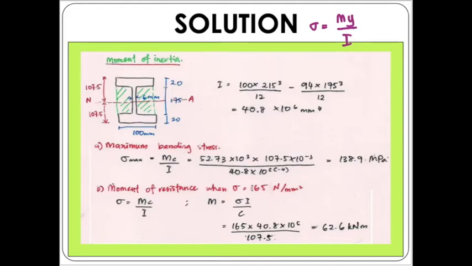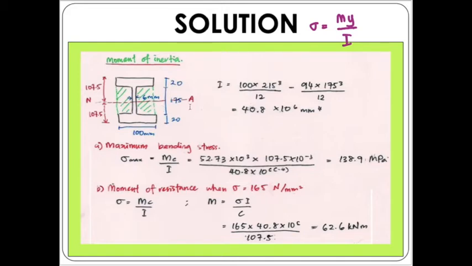Since this section is symmetrical on top and bottom as well as left and right, the value of the moment of inertia can be calculated using this equation. We are going to calculate the total moment of inertia for the section, then deduct the moment of inertia for these two areas.